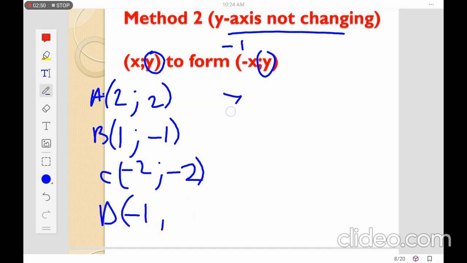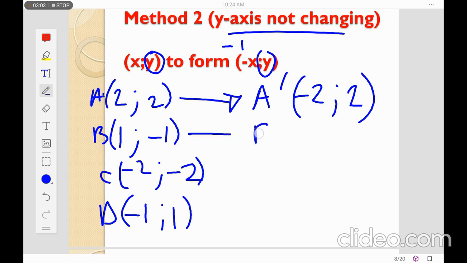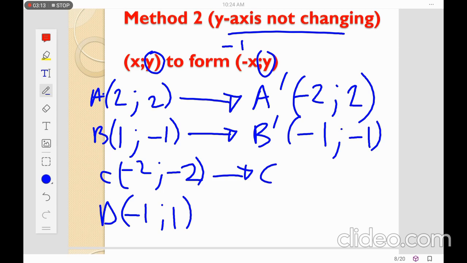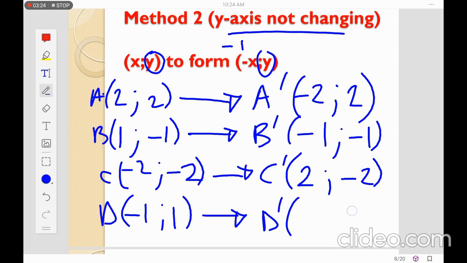Remember our x is changing, we multiply by minus 1, so our A image becomes minus 2, and y is the same. Then B image becomes minus 1, and y is the same, minus 1. Then C image becomes 2, minus 2, y not changing. The last one, D image, becomes 1 and 1. So that's how you do this.